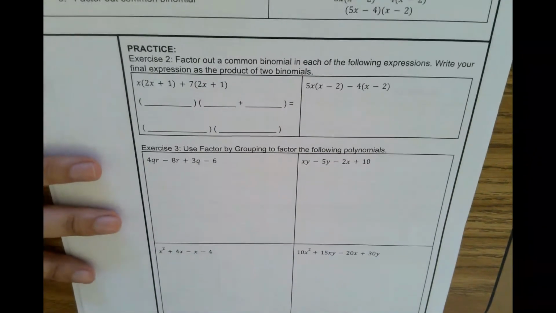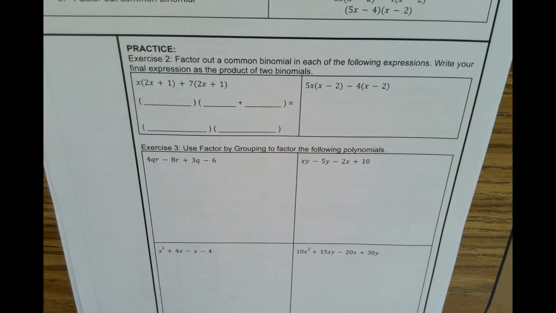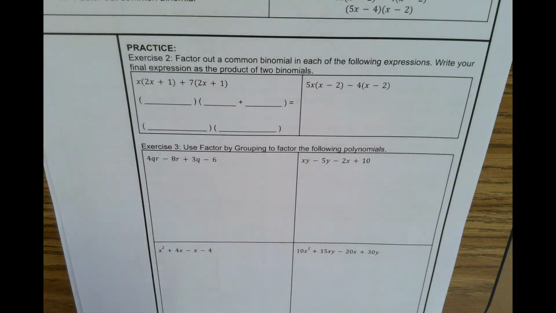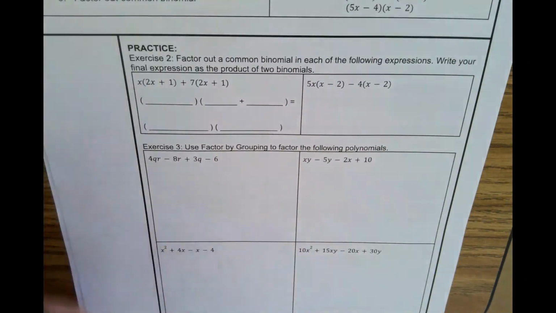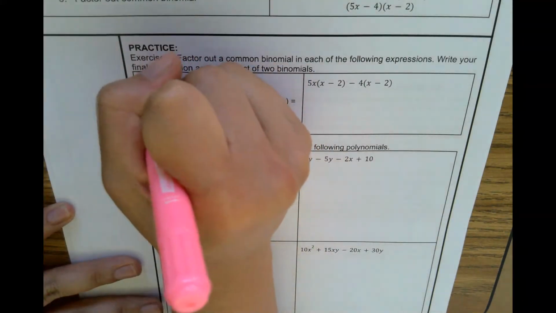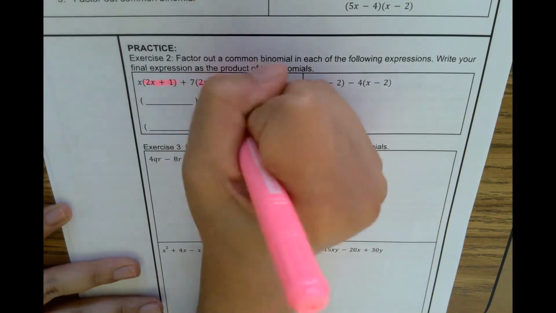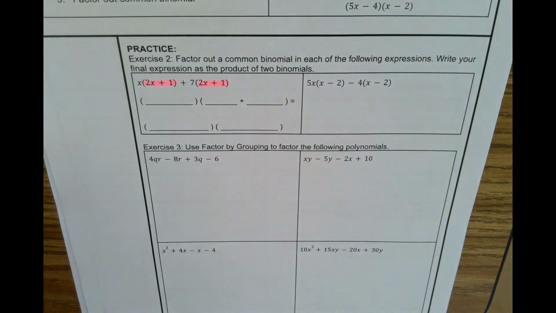So first, we're going to see what they have in common. Here, if you look, x times 2x plus 1, plus 7 times 2x plus 1, what do they have in common? We can see that they both, I'm going to use the pink, have a 2x plus 1 in common. So I'm going to factor that out.